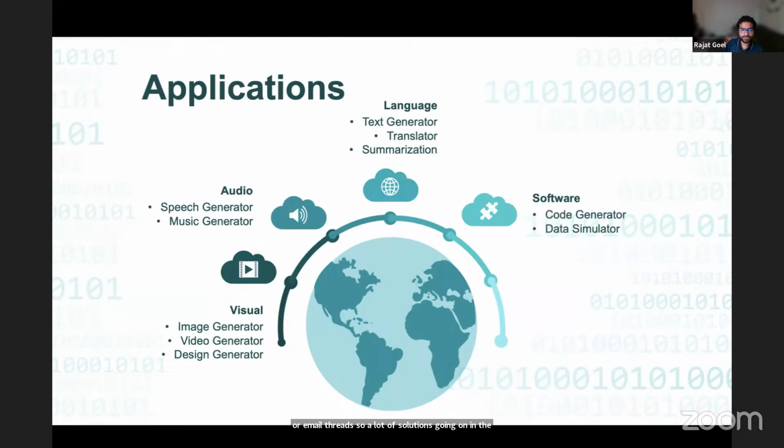Next is software. Software-based AI like code generators or data simulators are also becoming popular. GitHub's Copilot is one of the examples there. Virtual reality. Apple has very recently released Vision Pro, where you can basically create your own world behind the scenes.